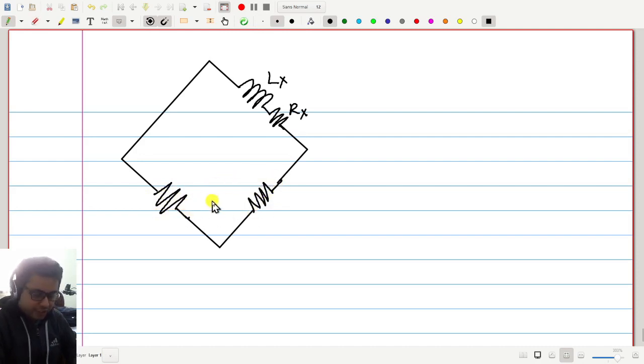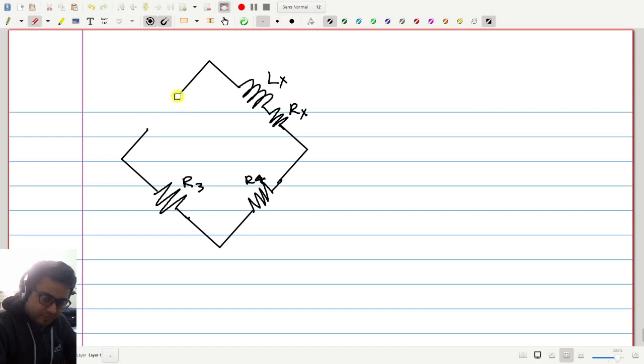For a ratio bridge, we have to choose the ratio of two adjacent arms as a pure real or imaginary number. So we may choose these two. So we can use another coil in the remaining arm. If we choose these two to be pure resistances, then we can go for another coil here.